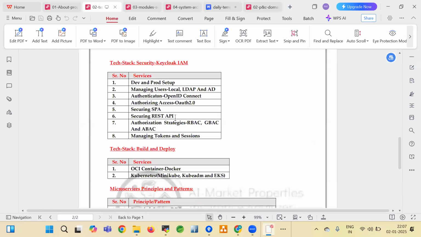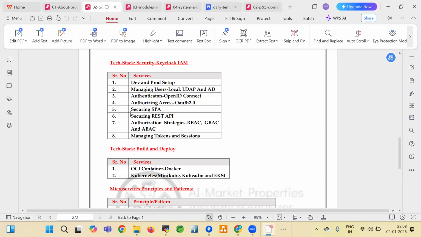And what else can we use? Of course, we're going to implement RBAC and then ABAC and GBAC as well: group-based access control, attribute-based access control, or PBAC, permission-based access control, and role-based access control.